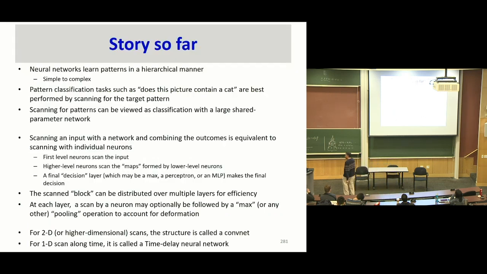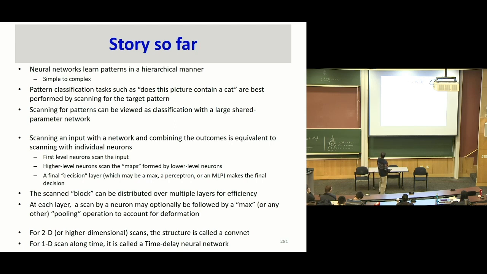So we are sort of done with today's lecture, right on time. Here's the story that we've gone through. First, we went through 281 slides. But what we found is that neural networks learn patterns in a hierarchical manner, simple to complex.